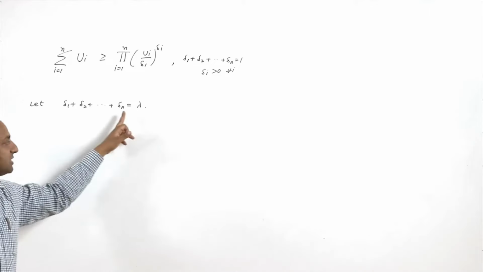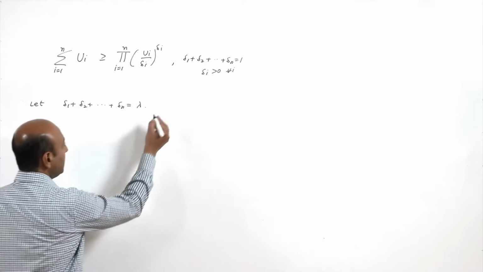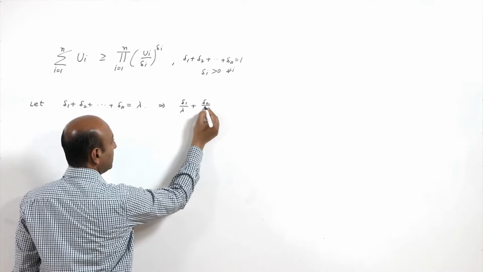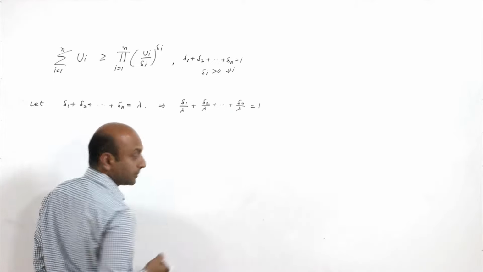We divide each delta_i by lambda to make the sum equal to 1. So basically we write delta_1 upon lambda plus delta_2 upon lambda and so on up to delta_n upon lambda equals 1.